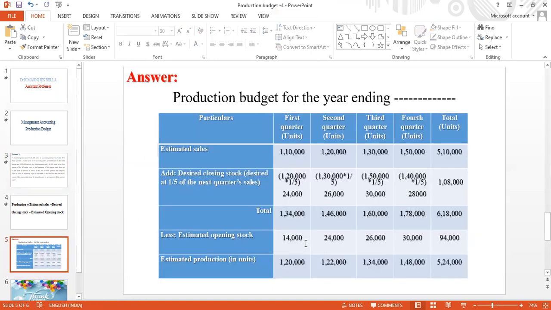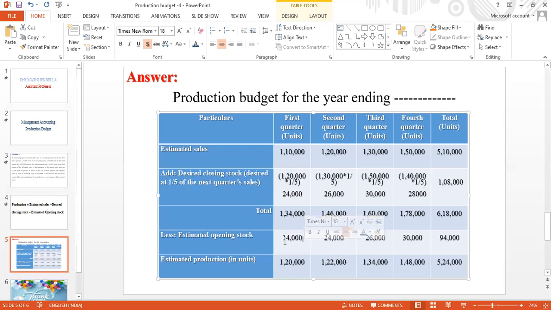Okay, so we write less estimated opening stock 14,000. After writing this, we can subtract it: 1,34,000 minus 14,000. You will get 1,20,000 for the first quarter. This is the estimated production. They have given it in units only, so I have written it here in units.